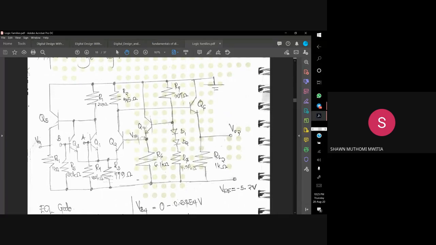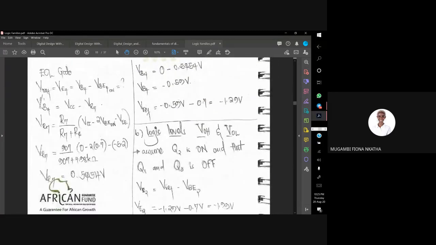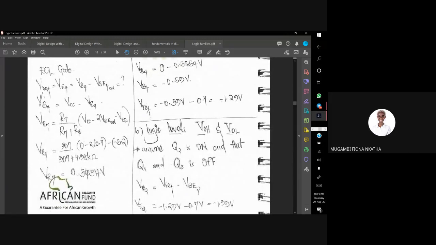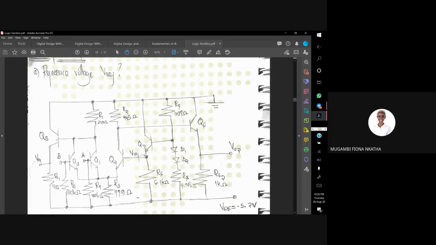Okay. We're looking for the output high and output low. So VE2 will be equal to VREF minus VBE2, and our VREF is negative 1.29. So when you subtract that, you find your VE2 to be negative 1.99 volts.